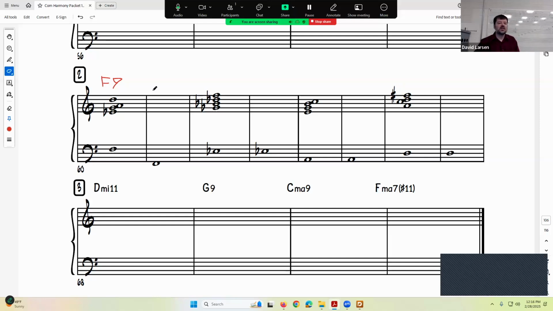There you go. So this would be an F13 chord. 2s or 9s, 4s or 11s, 6s or 13s.